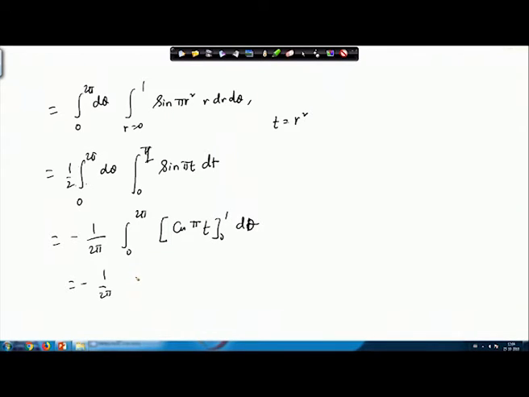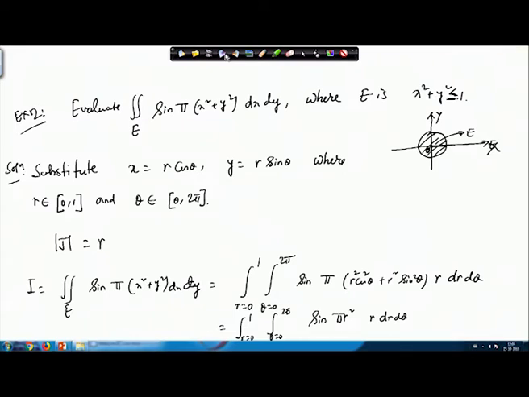Now, cos pi is minus 1 and cos 0 is 1, so basically minus 2, and we will have the integral from 0 to 2 pi d theta. So, this will be 1 by pi times 2 pi. So, the answer is ultimately 2.